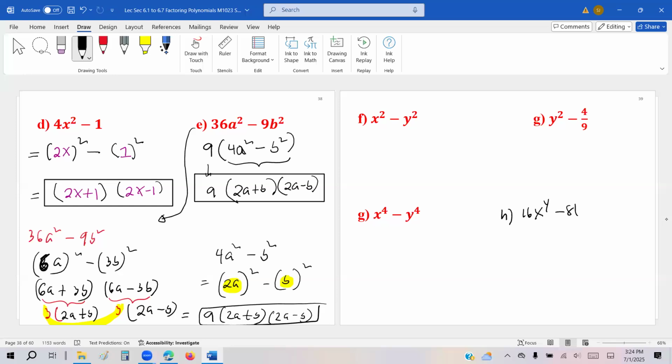Oh, you simplify it. This is a perfect square on top. That's how you get it.